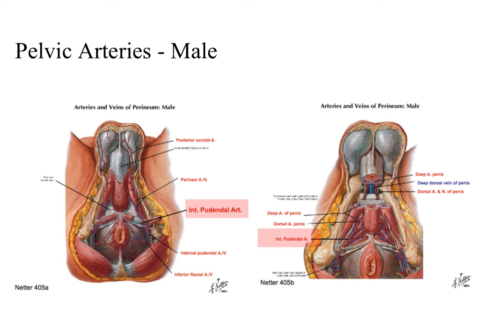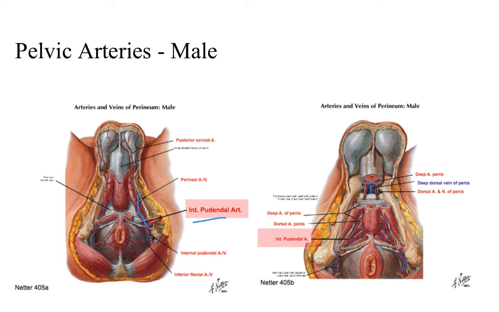And this picture is just showing you in a little more detail your internal pudendal artery coming around right here, and notice it's going to the crus of the penis where the corpora cavernosa are going to begin. And at that point, it's going to branch into your deep artery of the penis and the dorsal artery of the penis.